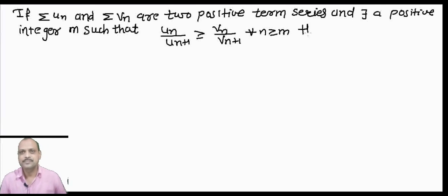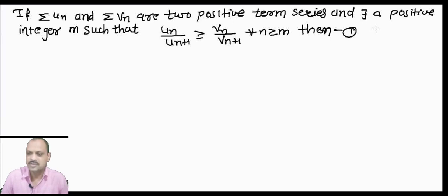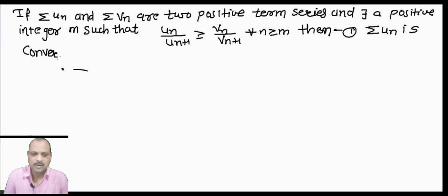Then, number 1, first condition: summation un is convergent if summation vn is convergent.